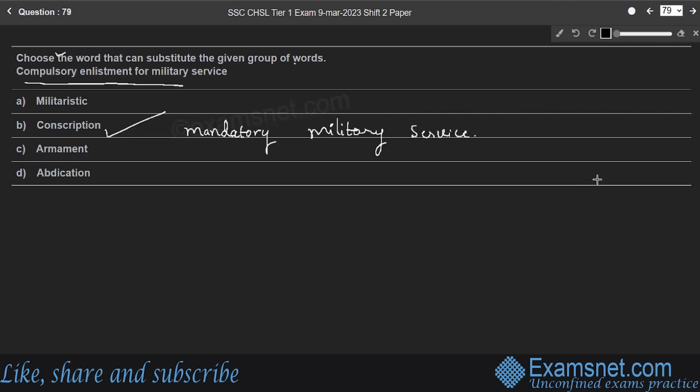It implies that individuals are legally obligated to join the military, typically for a specific period of time. For example, some countries have conscription laws that require young adults to serve in the armed forces for a certain duration. So, option B is the right answer.